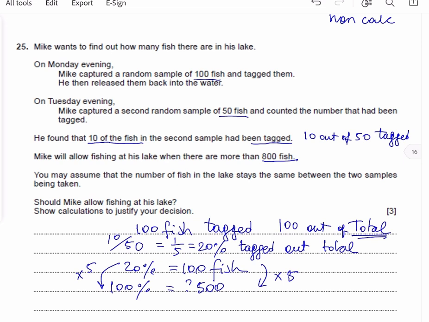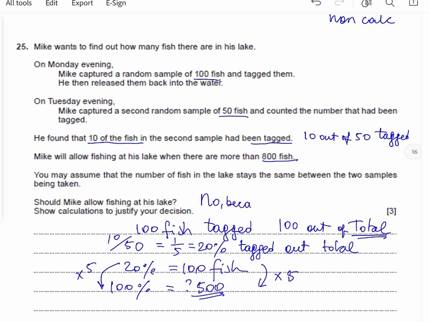That looks like a sensible answer. So 500 fish in the lake. So that means, should Mike allow fishing? No, because it's not 800 or more. So he should have more than 800 fish in the lake before he should allow fishing at the lake.